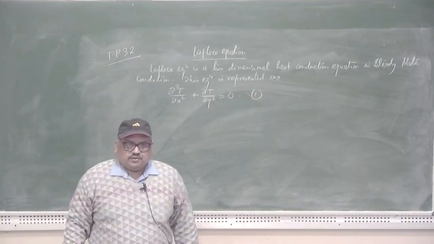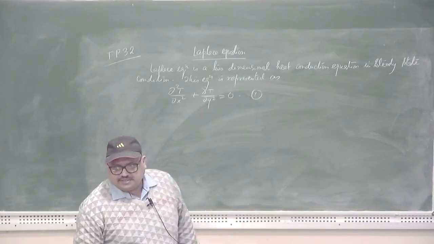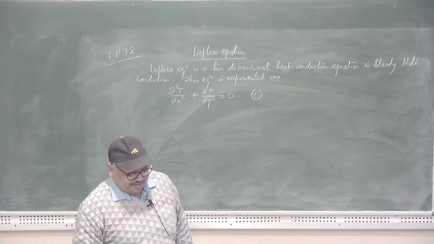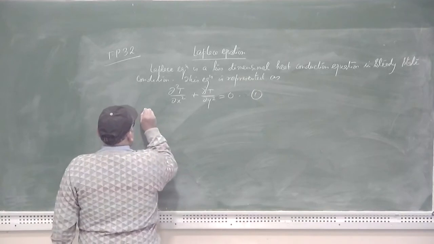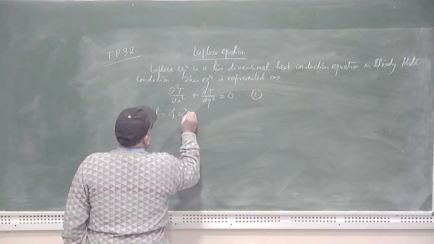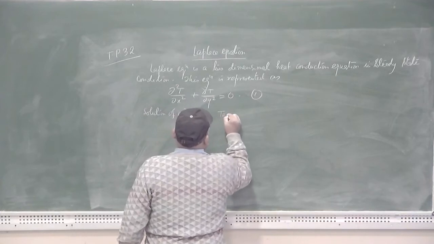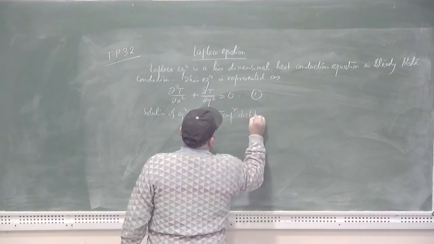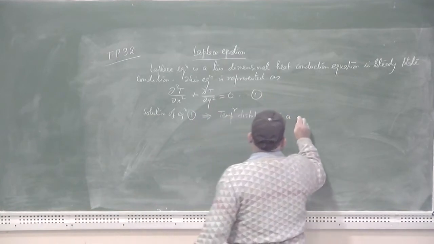If you go through the solution of this equation, that solution itself will provide you the temperature distribution in a two-dimensional plate. So, the solution of equation number 1 will give you the temperature distribution in a two-dimensional body.